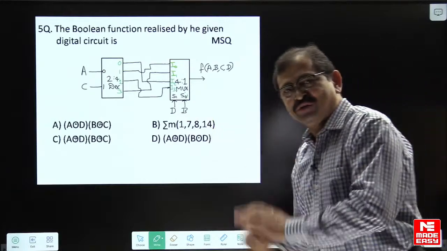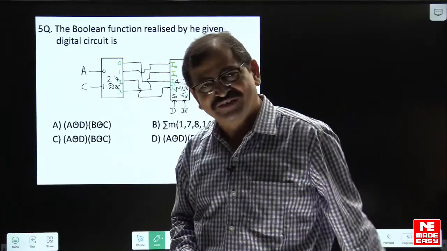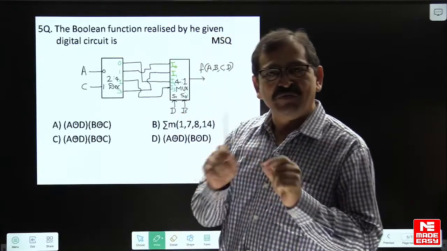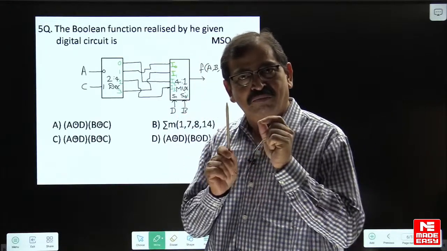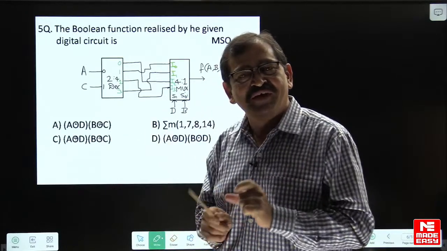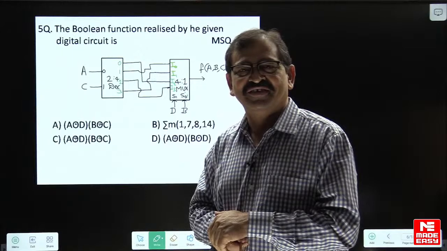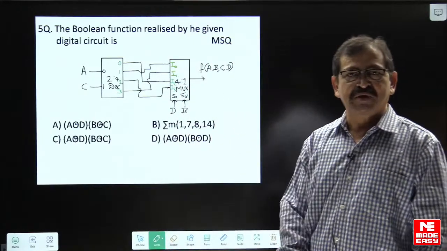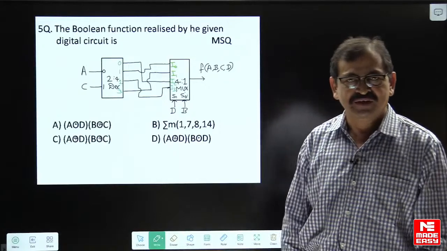To work out this question, you need knowledge of the decoder circuit and the multiplexer circuit. If you know both circuits, only then will you be able to answer this question. Such questions are important in the GATE paper.